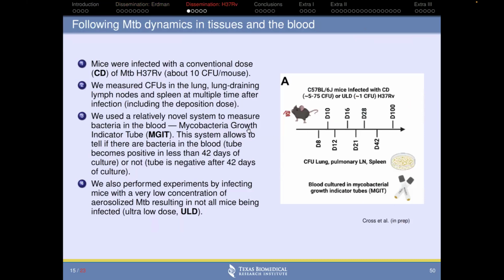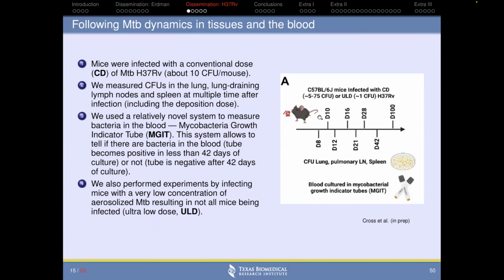So in collaboration with Cameron Urdal lab, a postdoc, and now a staff scientist, Lauren Cross, did these experiments. Essentially, she repeated the experiments that this previous study did, but she used a different strain, H37RV, and the conventional dose, although her deposition dose was about 10 bacteria per mouse.